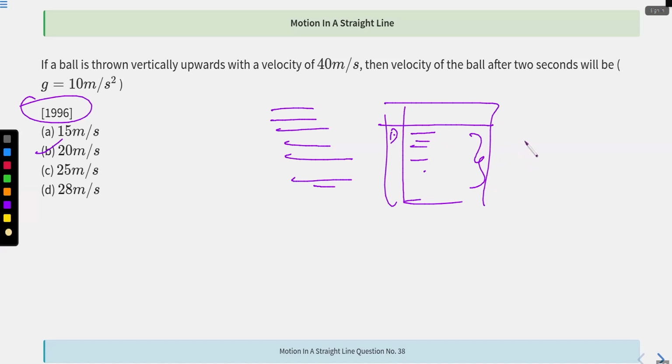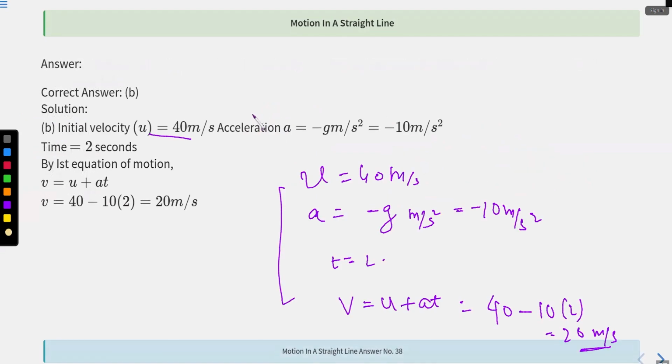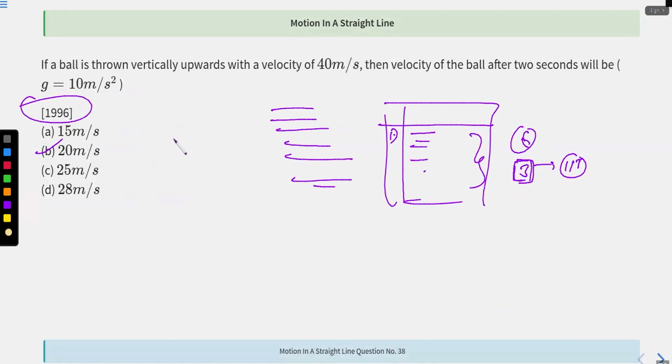Let's say that if 6 subjective questions were asked and you completed 3 questions with full correct answers, you were into IIT. That used to be the thing. So if you're feeling that these are easy questions, they were easy, but every question was converted into a concept. This is a concept right now, but that time it was a very big question, because you needed to write it in a subjective format also.